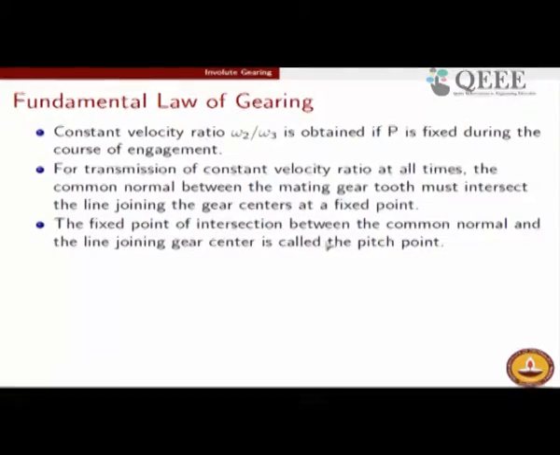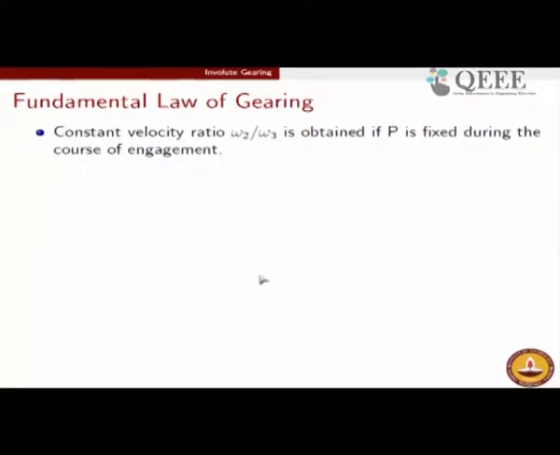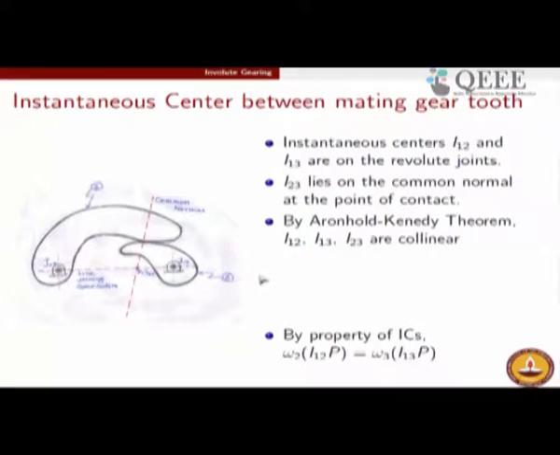Okay, so the fixed point of intersection between the common normal and the line joining the gear centers is called the pitch point. That point P, which we referenced in the previous slide, is called the pitch point because, if you look at it from the perspective of pitch circles, the same motion transfer can be obtained by using two friction discs of radius I12 P and radius I13 P. If these two radii are taken for an equivalent friction disc, it will be a completely kinematically equivalent picture.